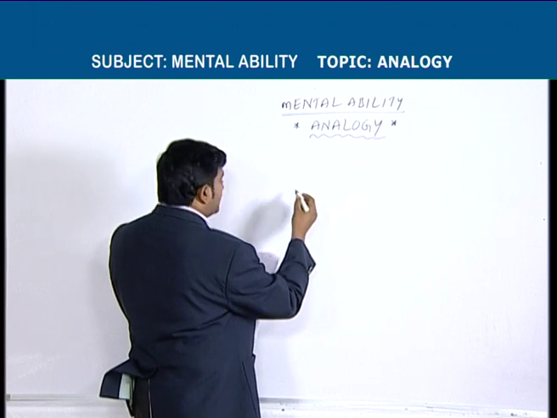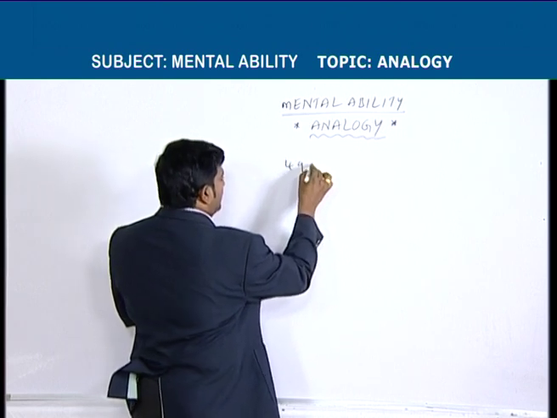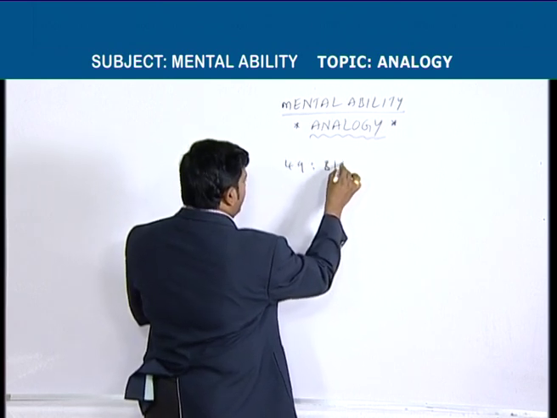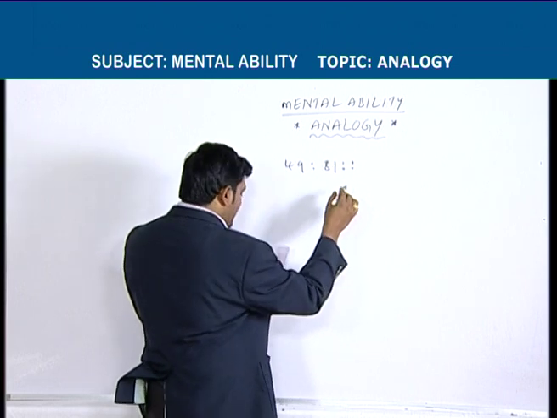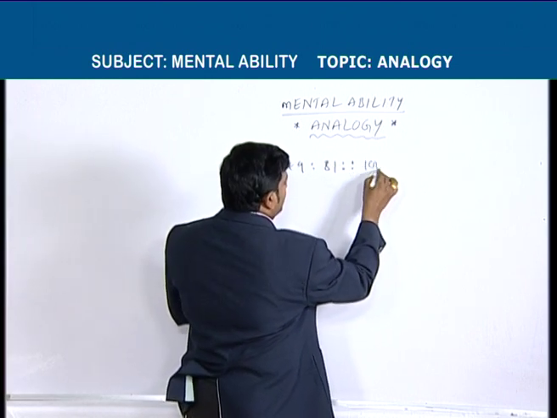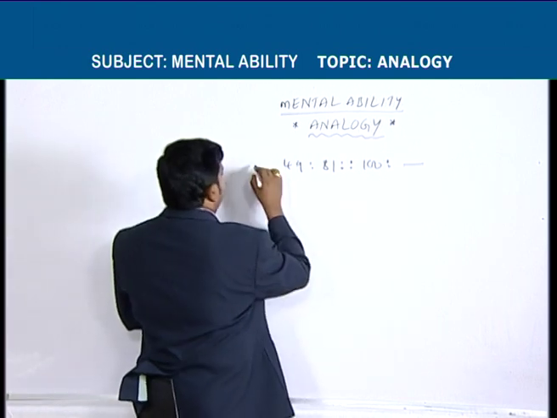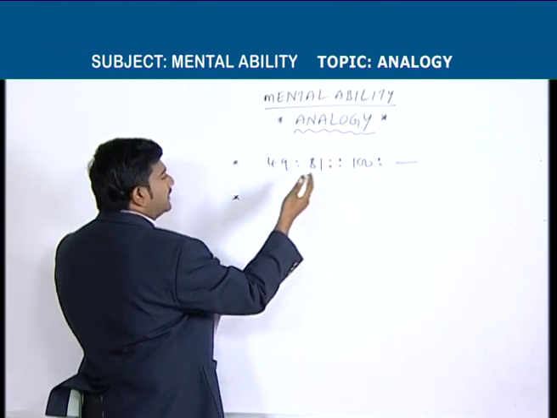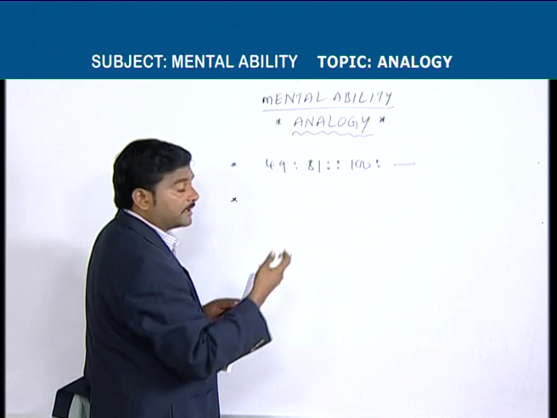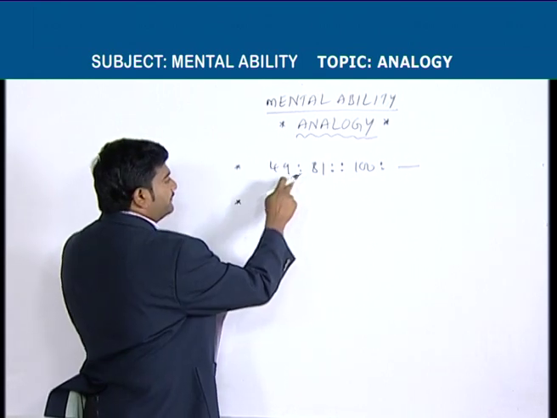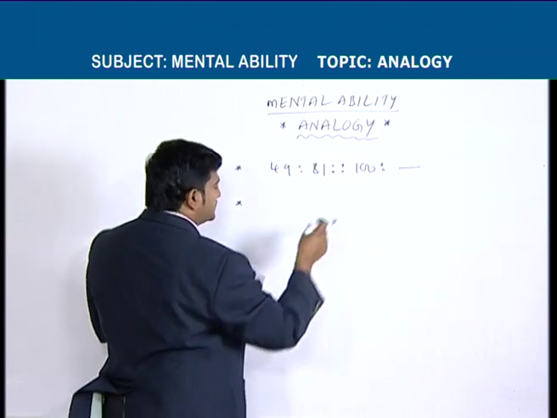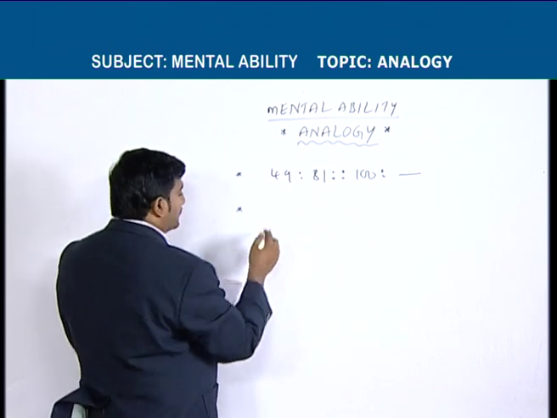So let's say he has given like this: 49 is to 81 as 100 is to dash. Okay. This is one example. I hope you already got the answer. 49 is to 81 as 100 is to dash. So now one more example.